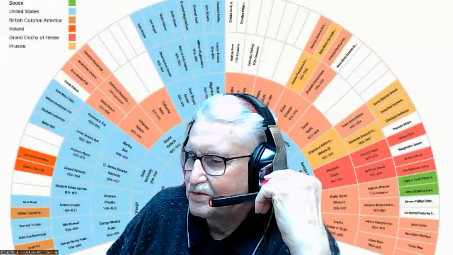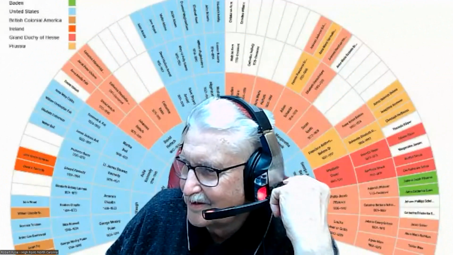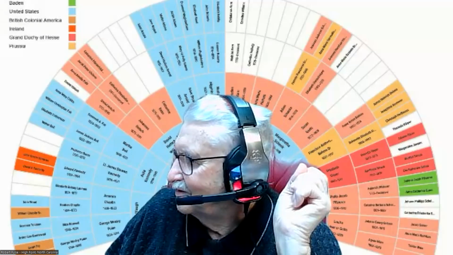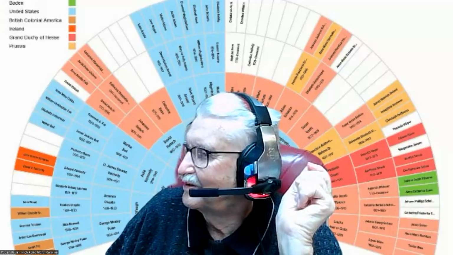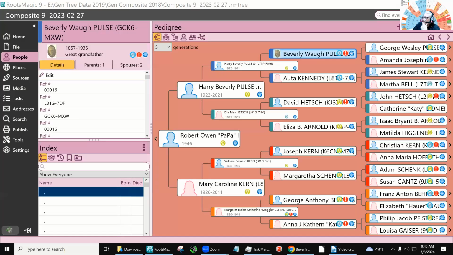Hi, did everybody catch my error? I was too busy with the process of doing the recording and not paying enough attention to what was going on. And it slipped down to Otta Kennedy from Beverly Bolts.